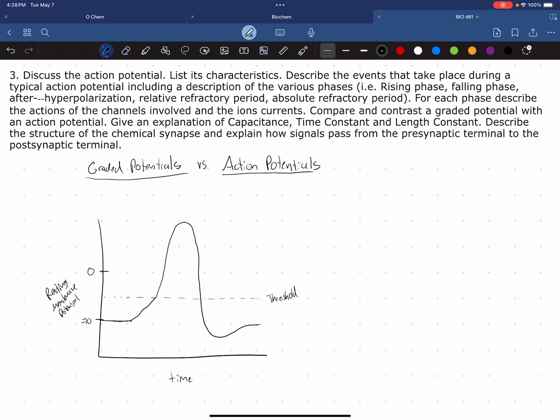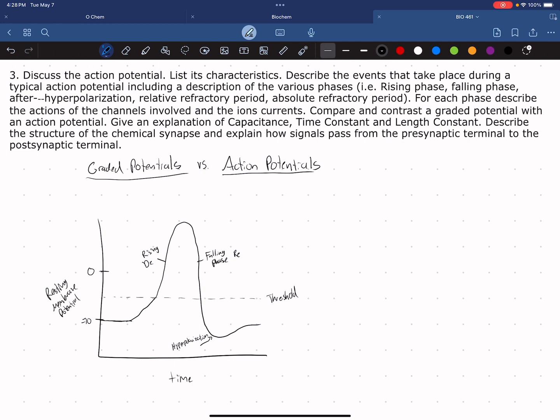So the phases of the action potential, here we will call the rising phase. Here we will call the falling phase. And here, which we talked about before, is hyperpolarization. So the rising phase is our depolarization, and the falling phase is our repolarization.